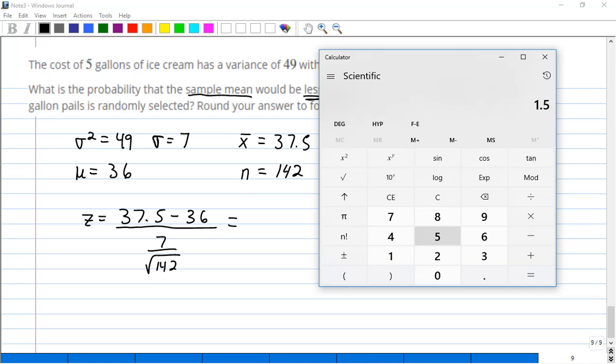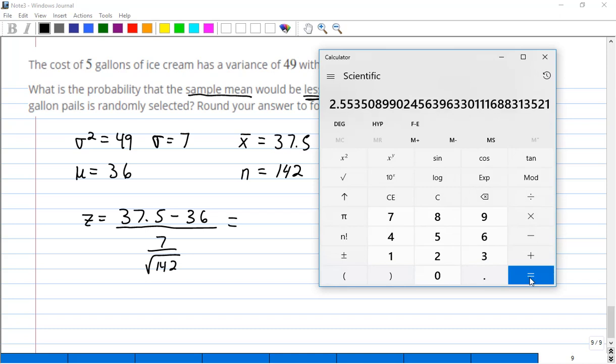Just know that I would take each one out to about 4 places because we have to round a z-score to 2 places. Okay, so that's 1.5 times the square root of 142 equals, and then I have to divide by 7.